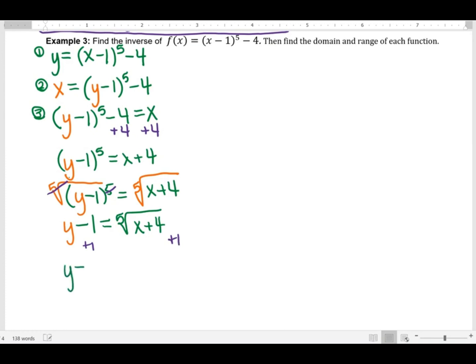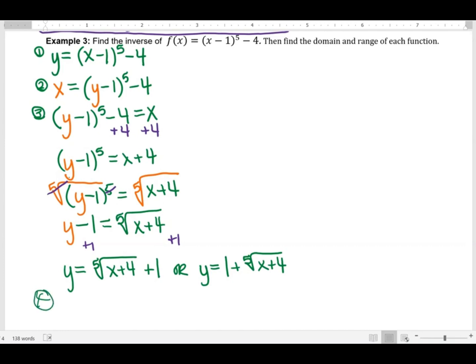And we get y is equal to, you can either write the 5th root of x plus 4, plus 1, or if you're worried about your 1 getting under the radical, when it doesn't need to be, you can do 1 plus the 5th root of x plus 4. Either way is acceptable, but do not forget the very last step is with your notation.